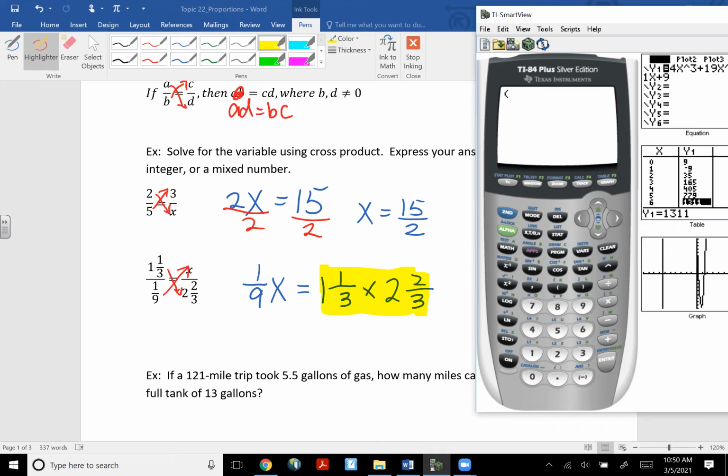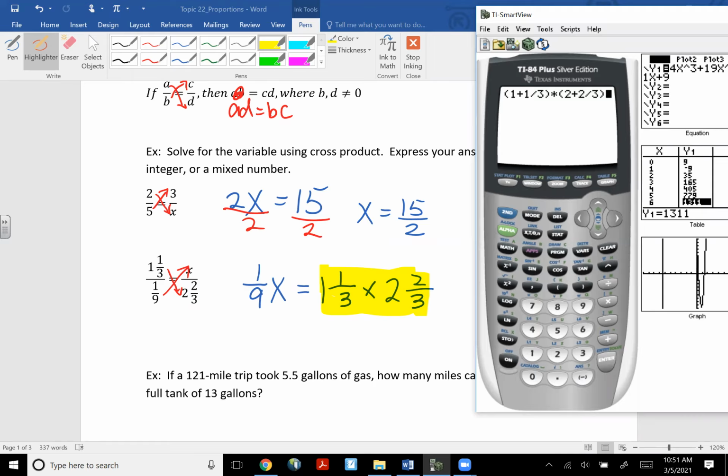So I start with parentheses, say 1 plus 1 divided by 3, close parenthesis, times, open another one, 2 plus 2 divided by 3. If you want to do this part by hand, you can. All you have to do is convert both mixed numbers into improper fractions, then reduce top and bottom and multiply.